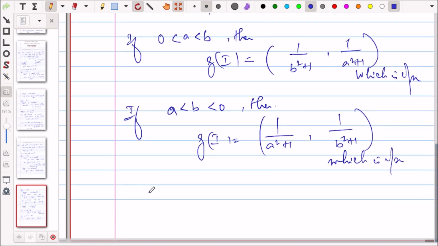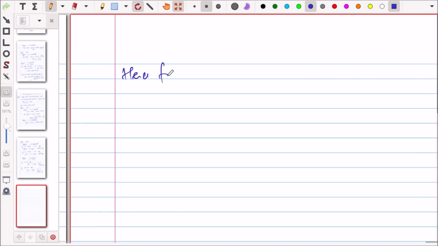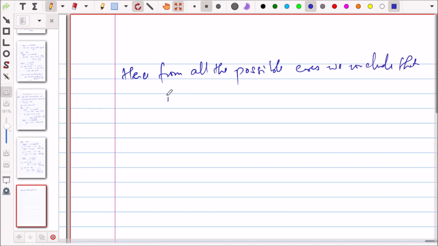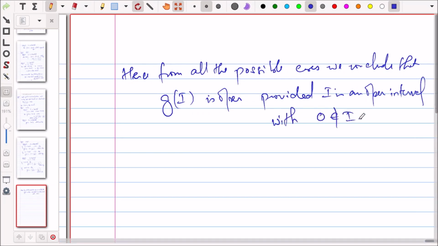So hence from all the possible cases we conclude that g of I is open provided I is an open interval with 0 not belonging to I. So if I is any open interval which does not contain 0, then g of I is open.